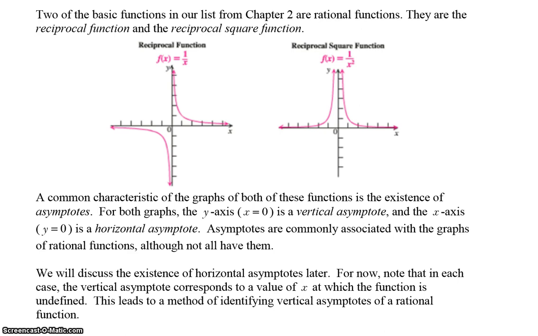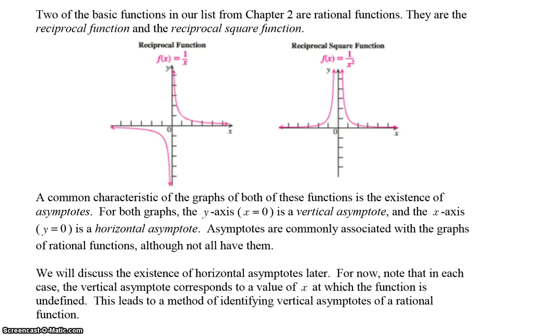The numerator is the constant polynomial 1, and the denominator for the reciprocal function is the first degree polynomial x, and for the reciprocal square function, the denominator is the second degree polynomial x squared. So although these are very simple polynomials, we do have the ratio of two polynomials, and therefore we can classify these as rational functions.